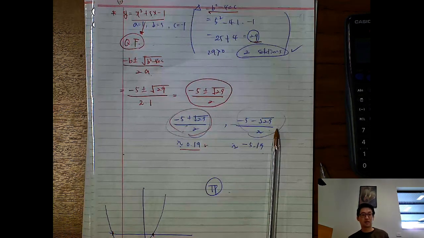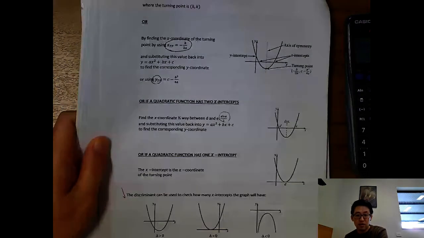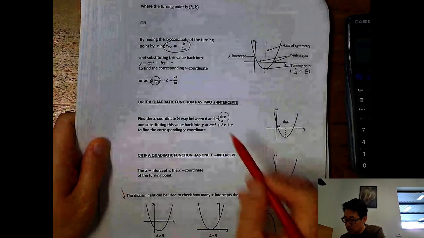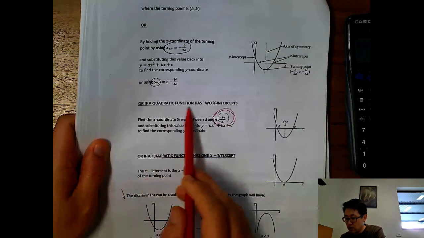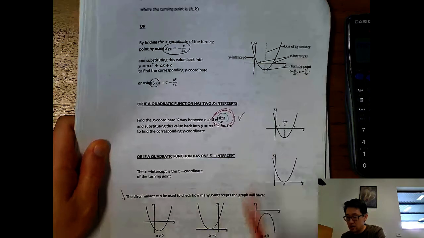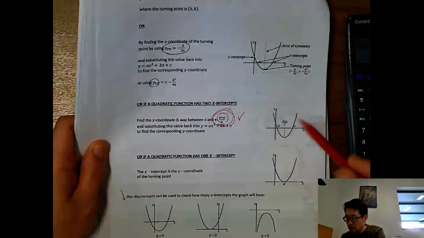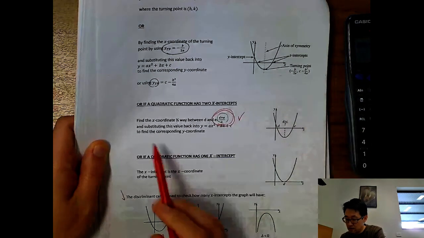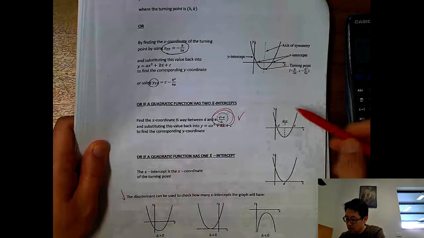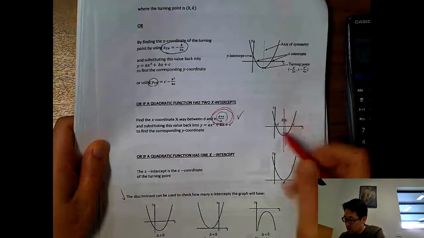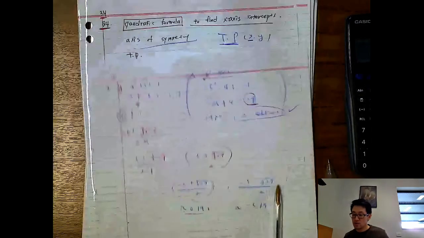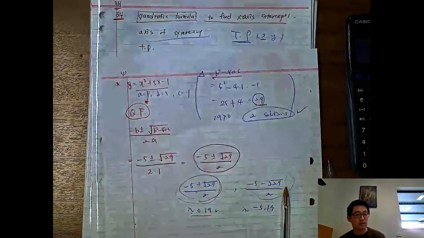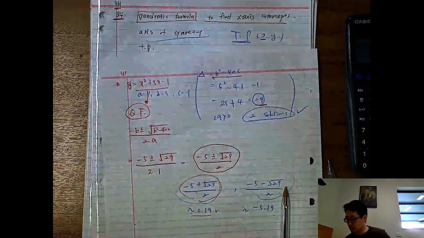Yeah, page 62. Page 62, I mentioned about this. A quadratic function has two x-intercepts. Okay, in this case, that's how they get the axis of symmetry. Do you remember that?